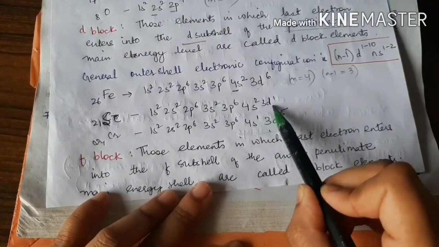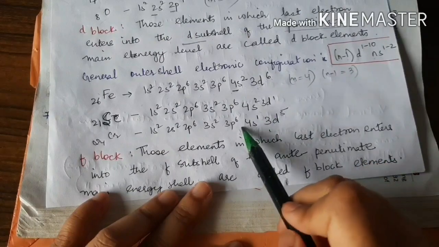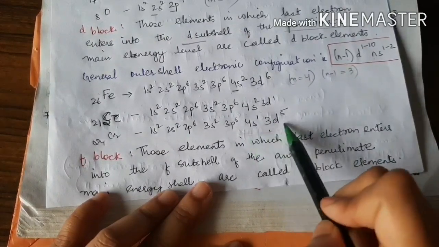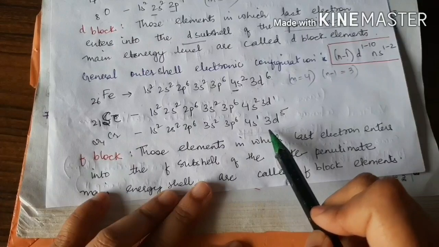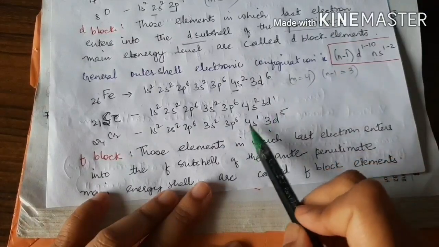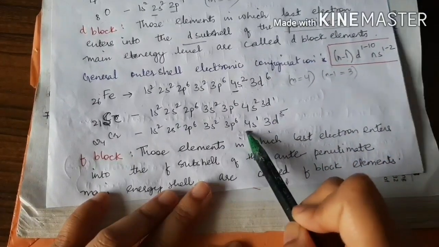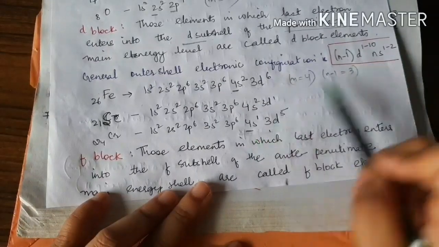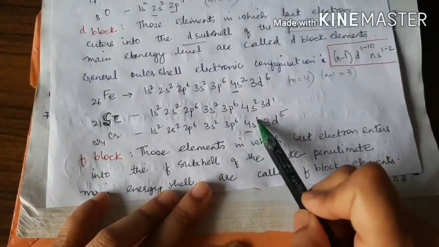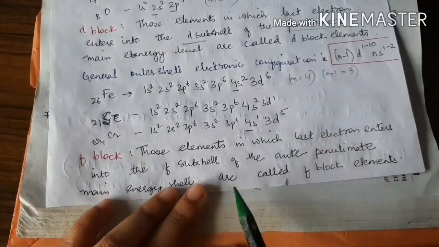One electron from s will go to d to make both exactly half filled. You remember you did this earlier. Outermost n is 4, s has 1 electron and d has 5.